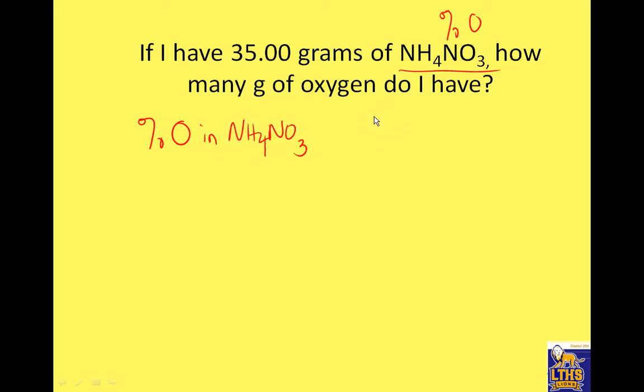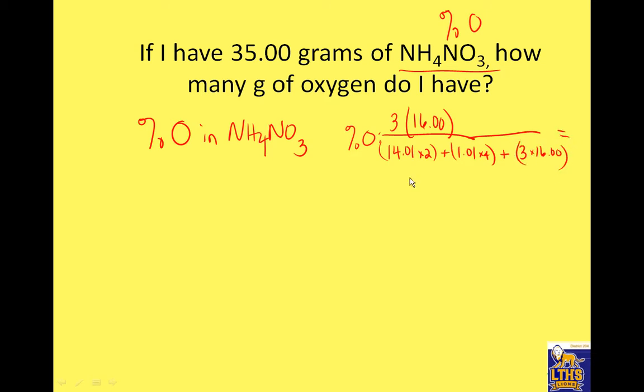So we would say, all right, our part is our oxygen, so we have 3 times 16.00, so percent O, over our total. So we have 14.01 times 2, because there's 2 nitrogens, plus 1.01 times 4, because there's 4 hydrogens, and then plus our 3 times 16.00, because those are 3 oxygens.